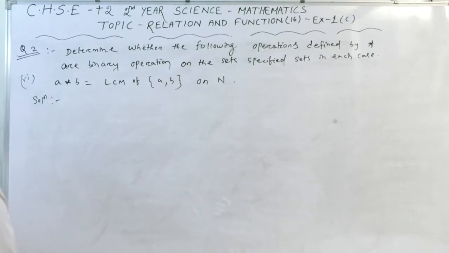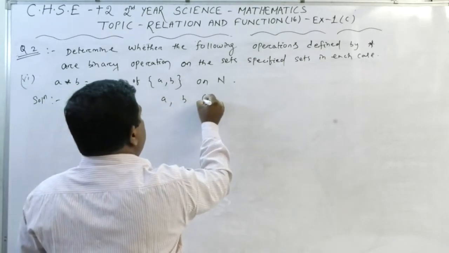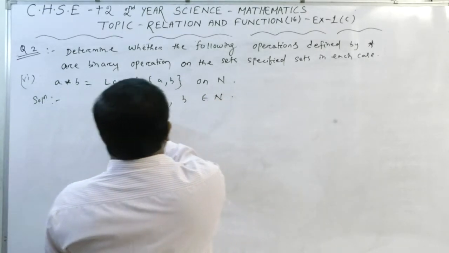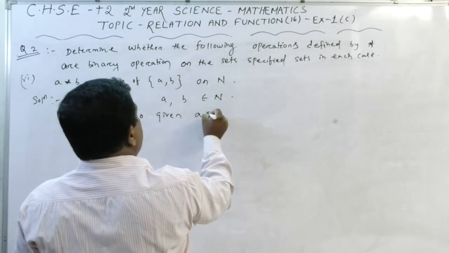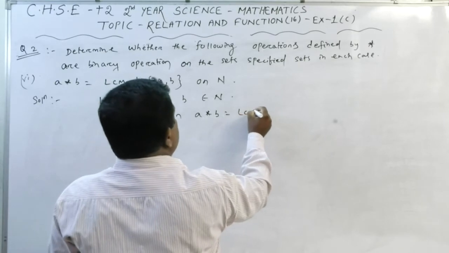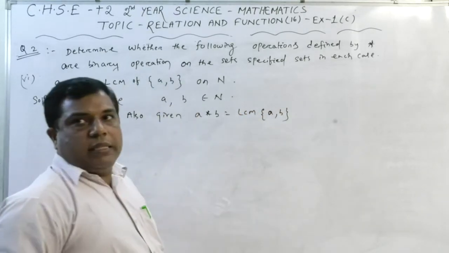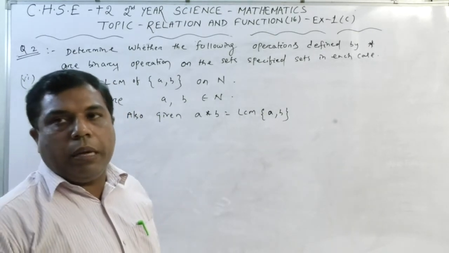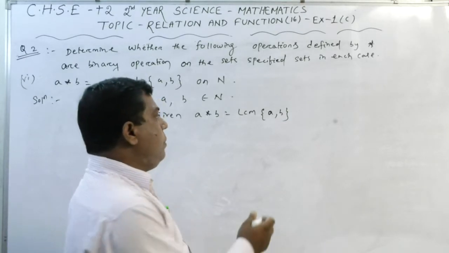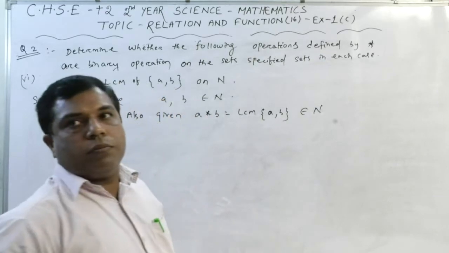So you can see A and B belong to N. Also given, A star B equals LCM of A and B. Now if you take the LCM of two natural numbers, whatever they may be, the result belongs to N also.